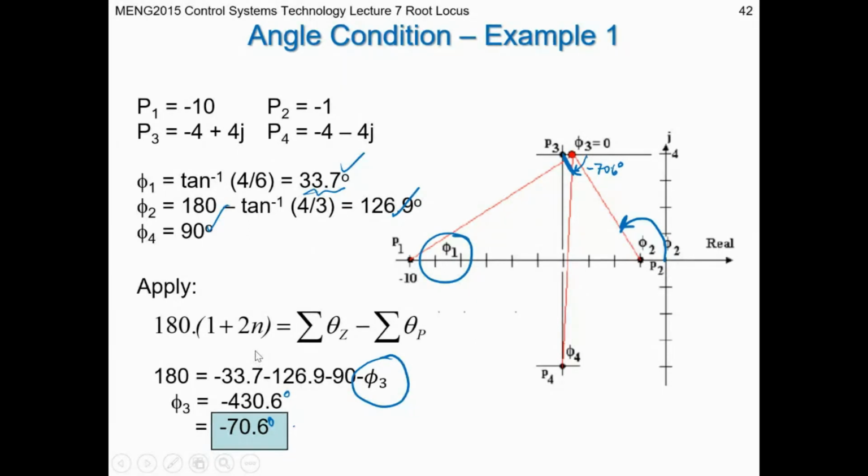Yeah. So every time you go around the circle, it kind of ching ching ching. It holds true. All right. So n is an integer value, or an integer counter. But what that allows me to do here is, instead of saying phi is minus 430.6 degrees, we could apply that and say, well, that's the same as minus 70.6 degrees.